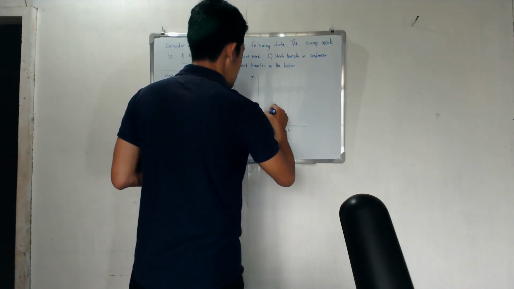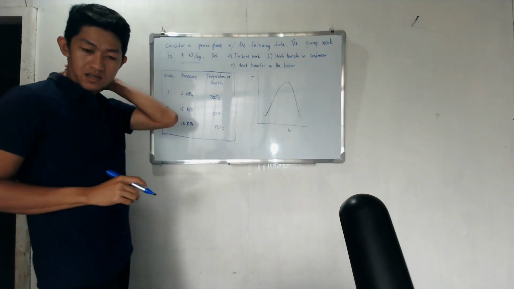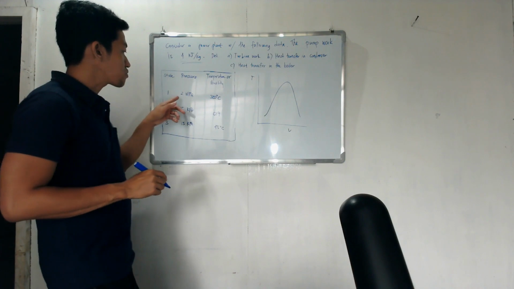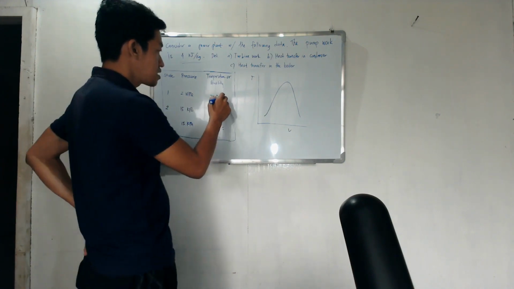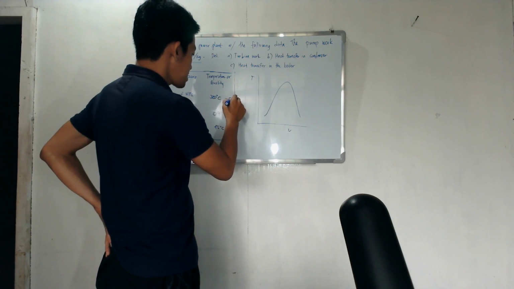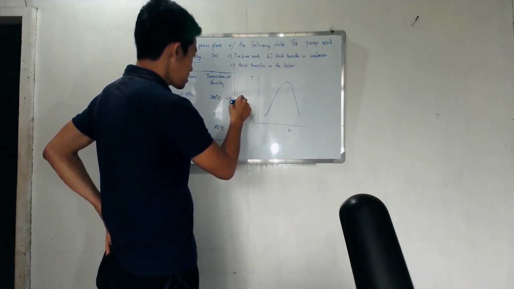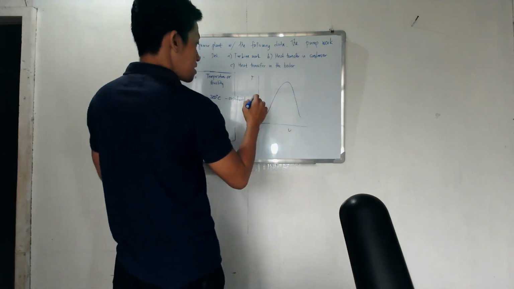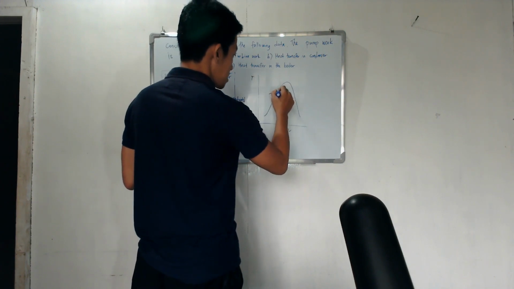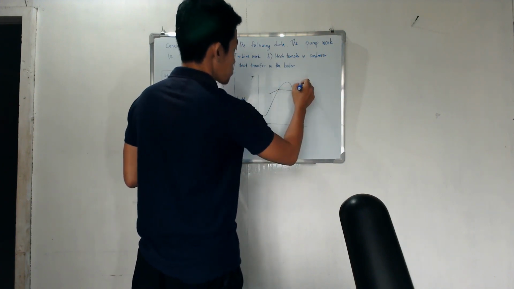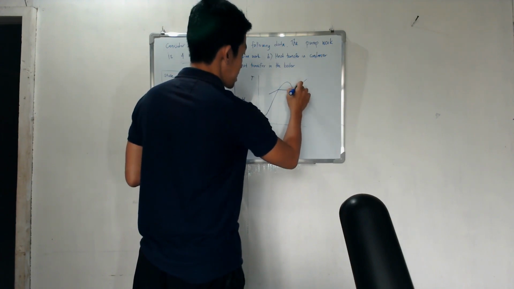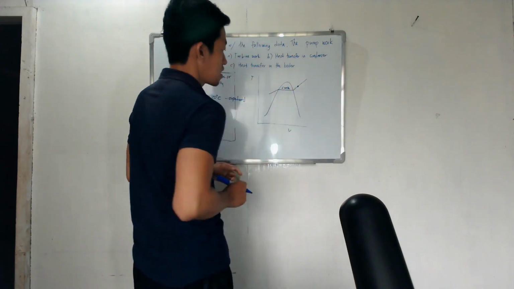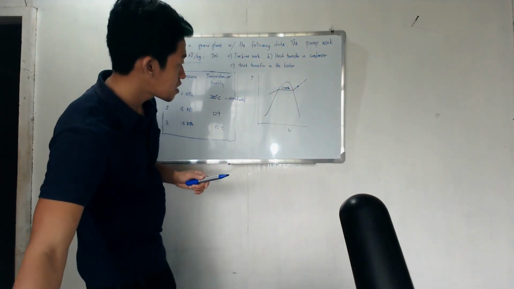Where do we start? At point 1, you look at the table. It is superheated. Look at your steam table. The pressure is 2 megapascal, superheated. So it is possible to just approximate.